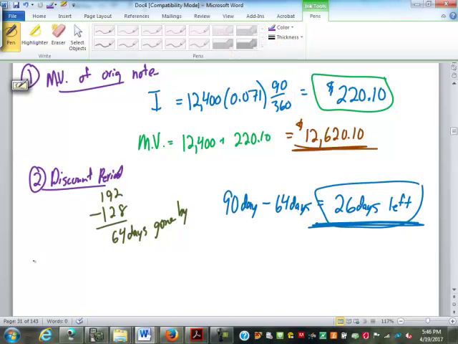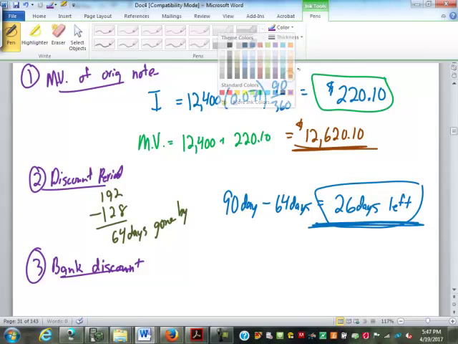And then take our face value on the discount. Okay, we have to find our bank discount. So it will be what?